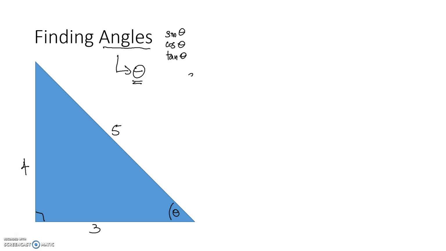We see that sine theta is opposite over hypotenuse, 4/5. Now, this is a sine ratio associated with the angle theta. So if we want to find what theta is, we need to do the inverse of the ratio, which is represented by theta equals sine inverse, the inverse of sine, 4/5.